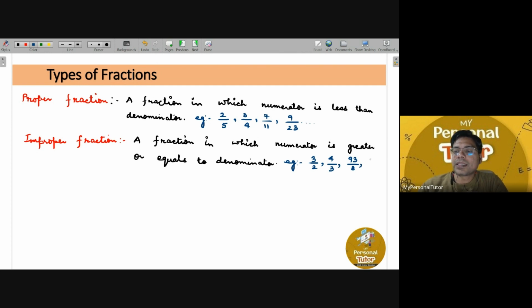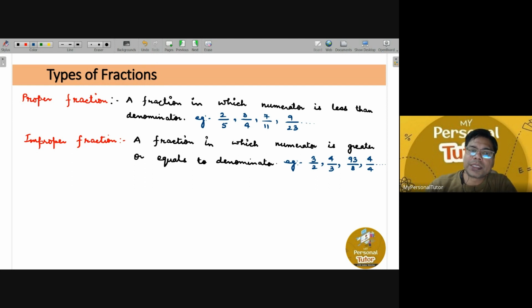Suppose somebody asks you 4/4. Is this improper or not? It is an improper fraction. Why? Because numerator is equal to denominator. Are you getting it? So always remember, if numerator is equal to denominator, still it is called an improper fraction.